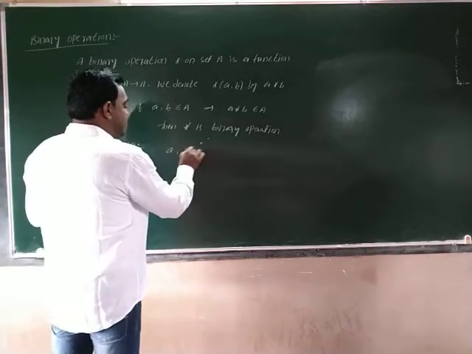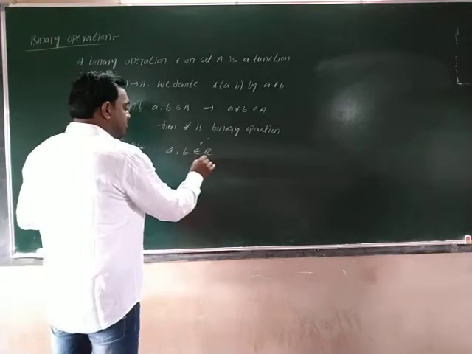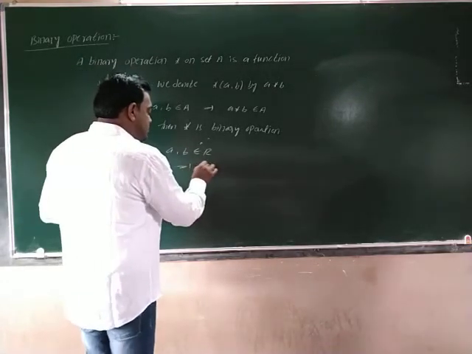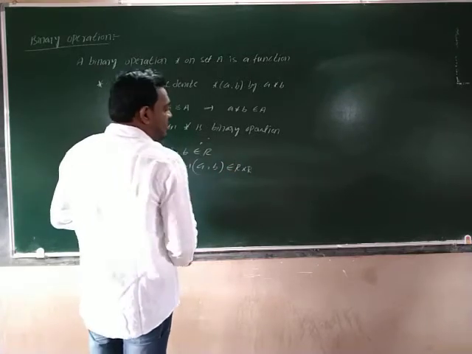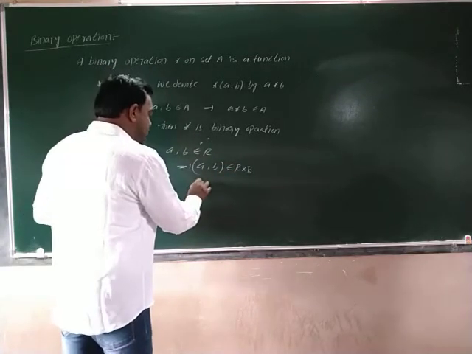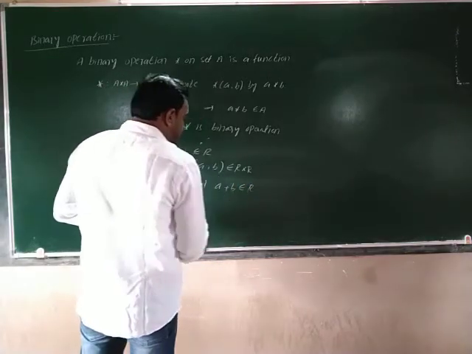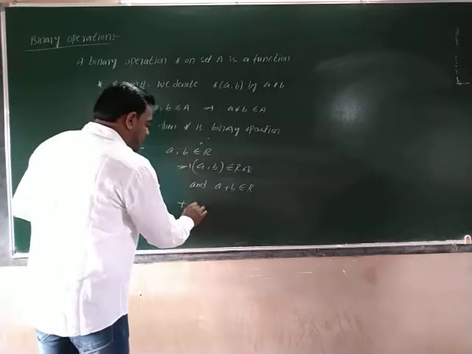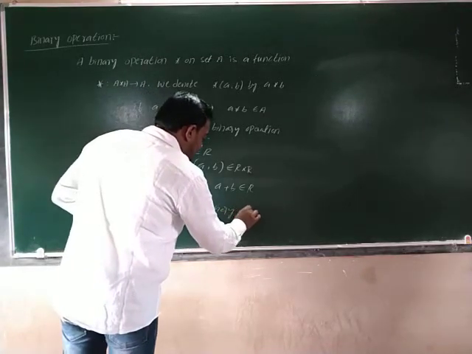A comma B belongs to R. That implies the pair A comma B belongs to R cross R, and A plus B belongs to R. Therefore, plus is a binary operation.